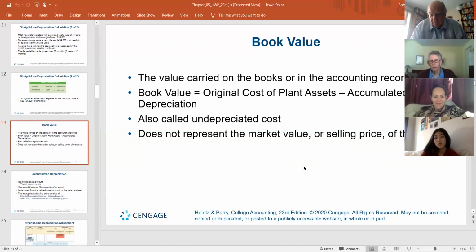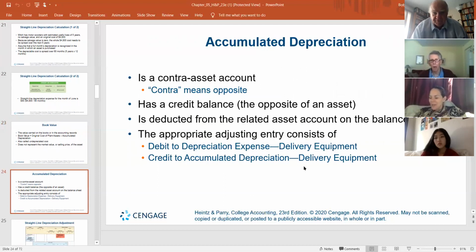Like drawing is married to capital, accumulated depreciation is married to the fixed asset. Contra means opposite. It has a credit balance, but it's an asset. The difference between the two will be your net book value. So what's our journal entry? It's always a debit to depreciation expense and a credit to accumulated depreciation.